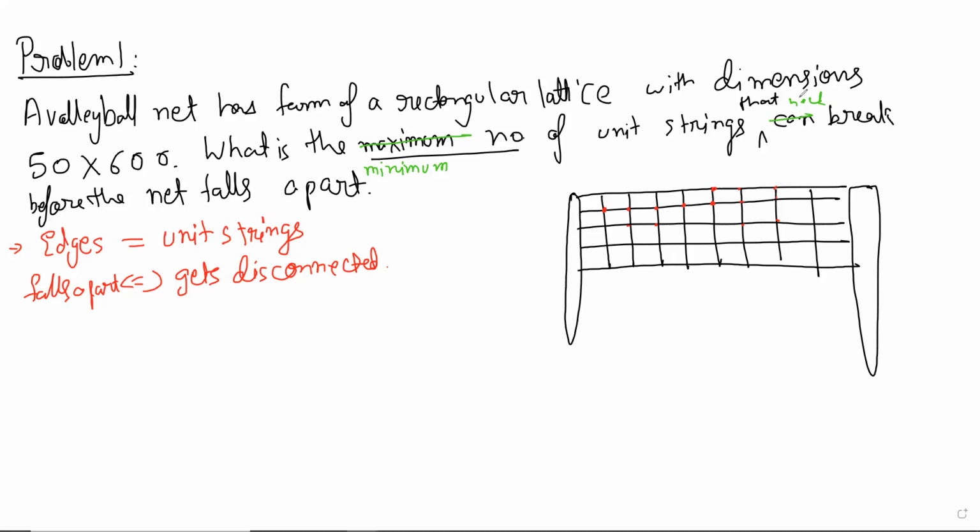Will 3 be enough? Which 3? For example, like this, right? Would you call this falling apart? We will call this falling apart because this net is no longer a net that can be used, since the ball can pass through this.